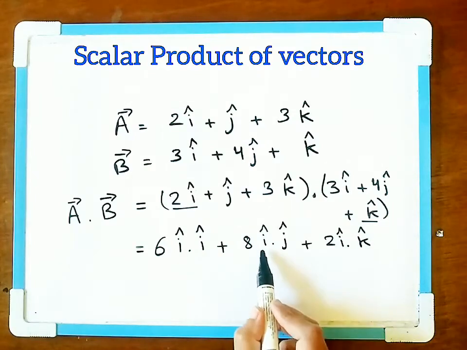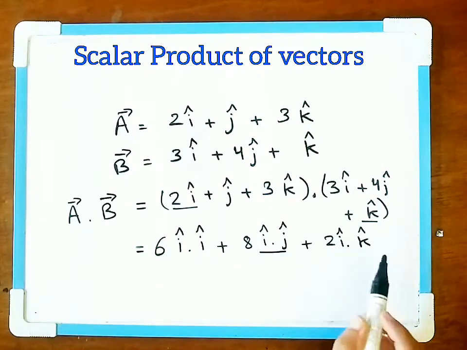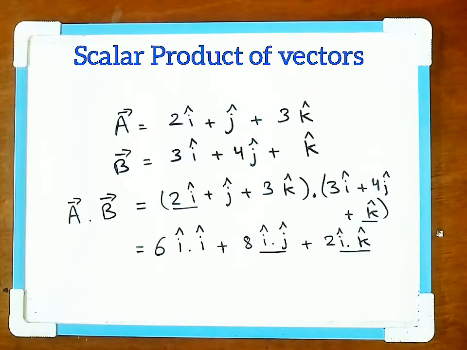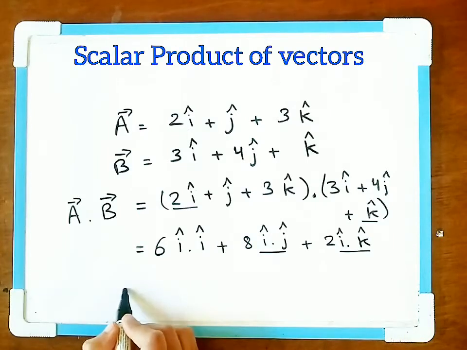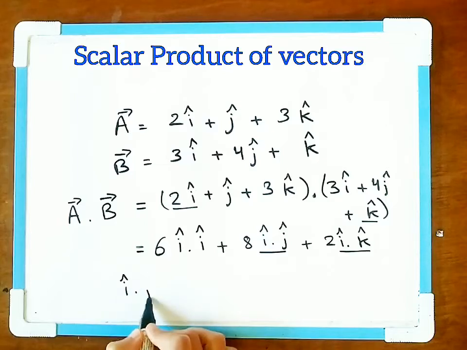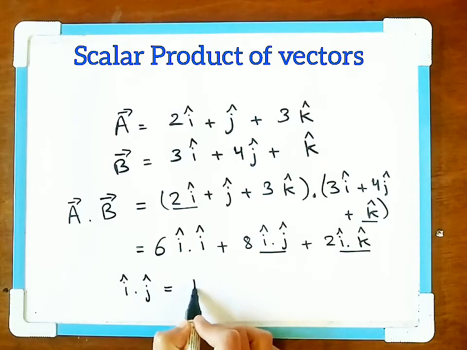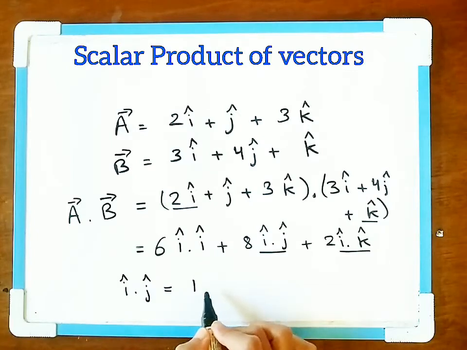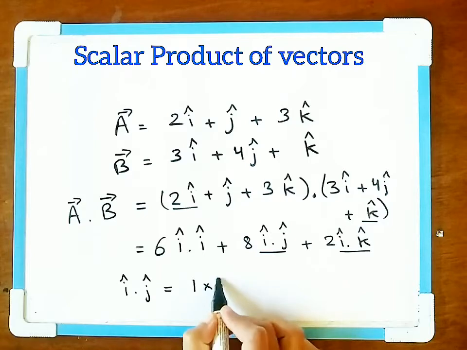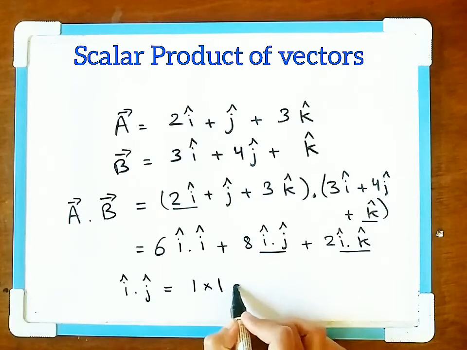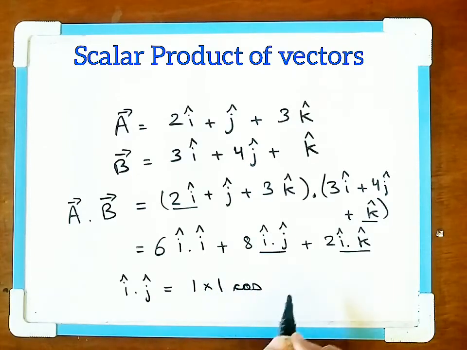Now these dot products i dot j and i dot k will be equal to 0. Since if we take the dot product, I'll show you here, i dot j will be equal to, what is the magnitude of a unit vector? 1. What is the magnitude of this j cap? This is also equal to 1. So 1 into 1 cos theta.